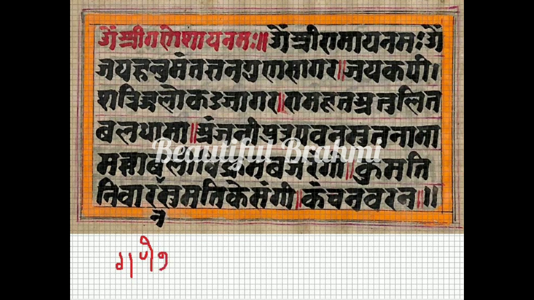Ganesha always uses the Talavyasha, which is the palatal sibilant. It is different from Sa, which is the Dantasa, and Sha, which is the Murdhanyasha. So Ganesha ends with a palatal sibilant. This horizontal line which you see over here is the Shirorekha.